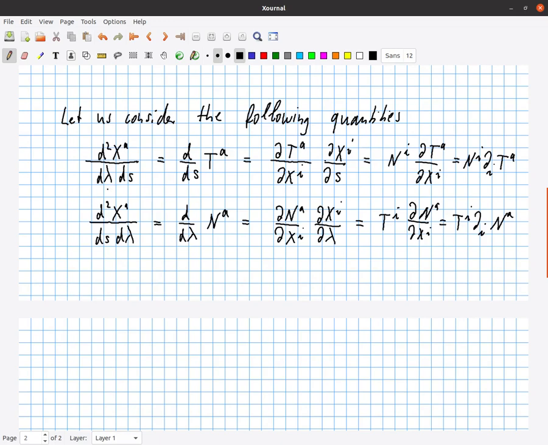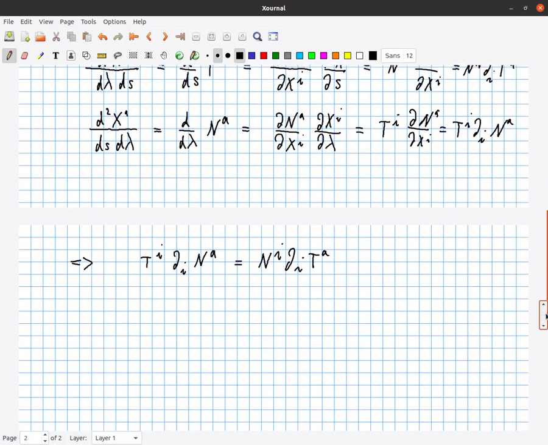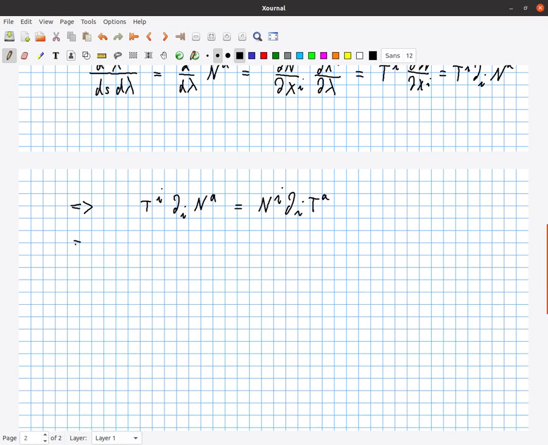These two must be the same. Hence we have T^i ∂_i n^a is the same as n^i ∂_i T^a, which is also equivalent to T^i ∇_i n^a equals n^i ∇_i T^a.